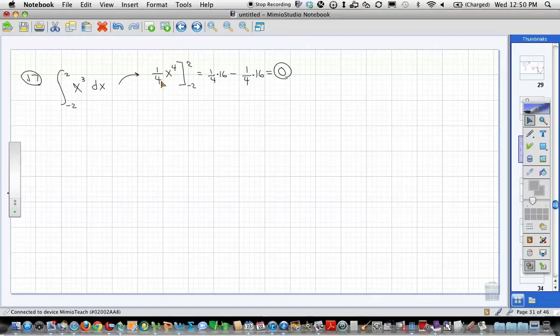Well, then we start thinking about it. Think about the x cubed graph from -2 to 2. Odd function, symmetrical, you've got some below, some above, they're going to cancel out. We should get 0. So that is the exact value.